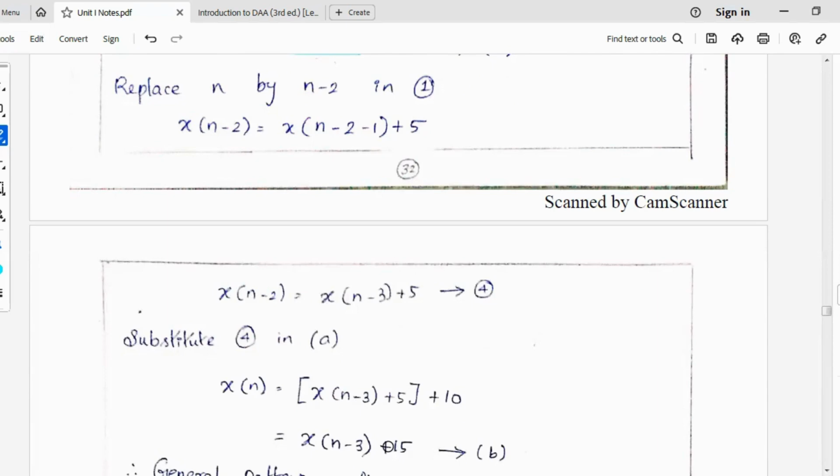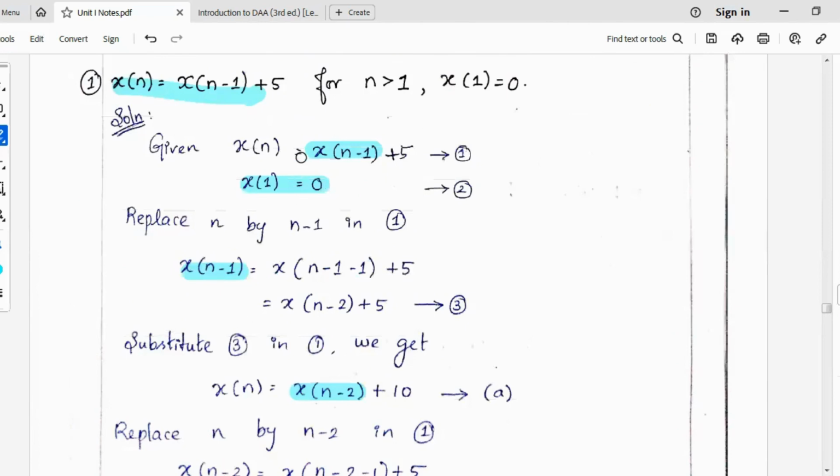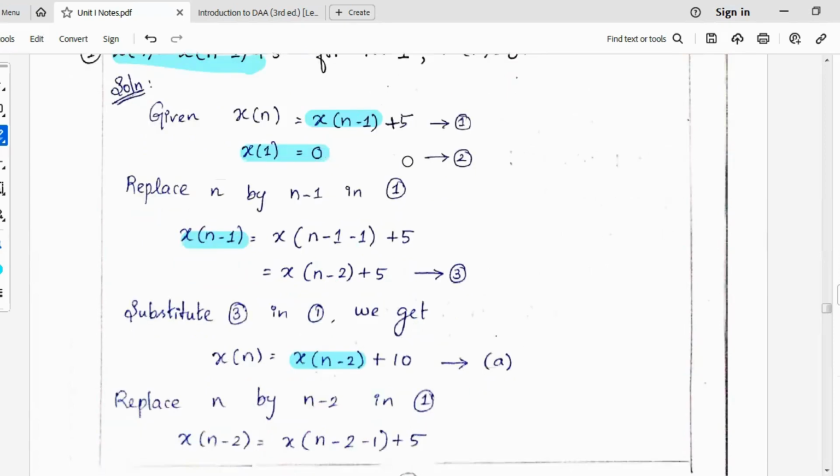Now we are going to compare these three steps. Initially it is x of n equal to x of n minus 1 plus 5. When we move one step backward, we get x of n minus 2 plus 10.